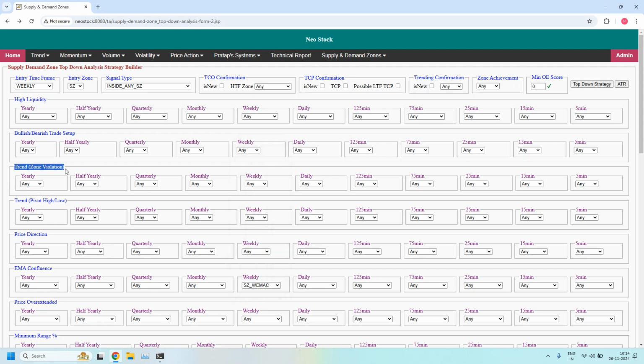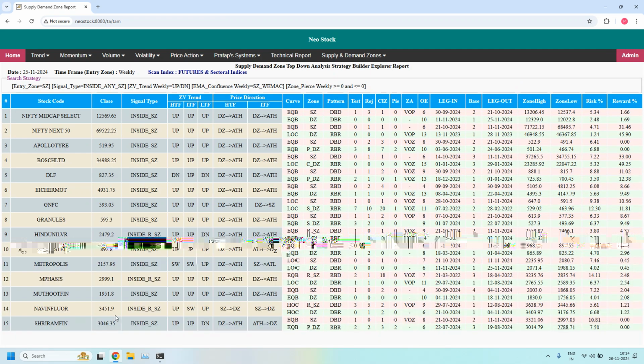And also the trend based on zone violation at weekly time frame should be either up or down, but not sideways. With this filter, we got 15 stocks. Currently, prices are closed in these 15 weekly supply zones, and these weekly supply zones are having weekly EMA Confluence. Some of these weekly zones are high liquidity zones.